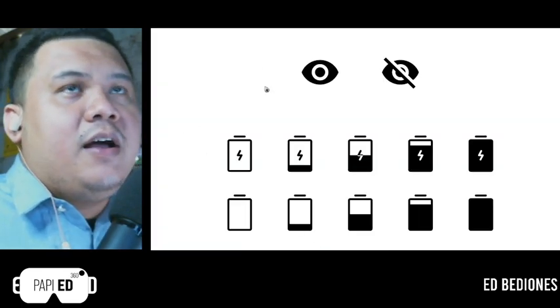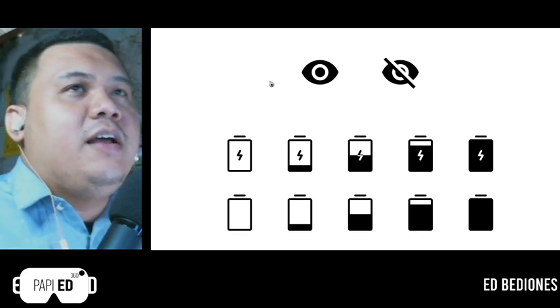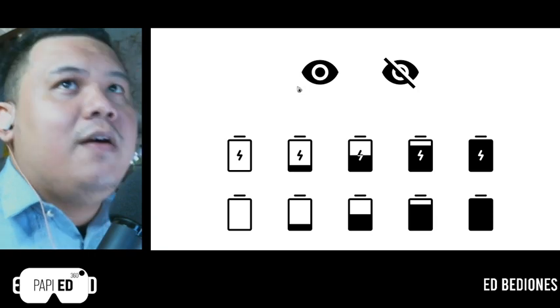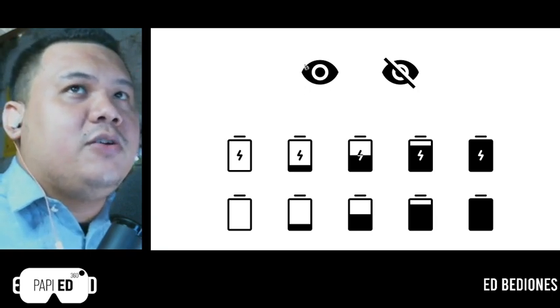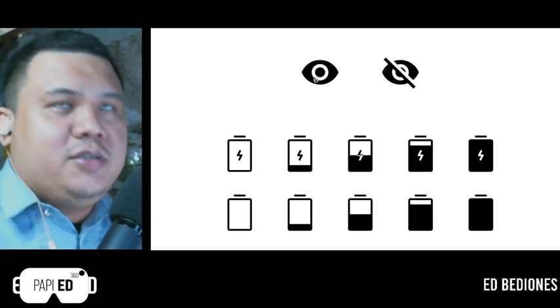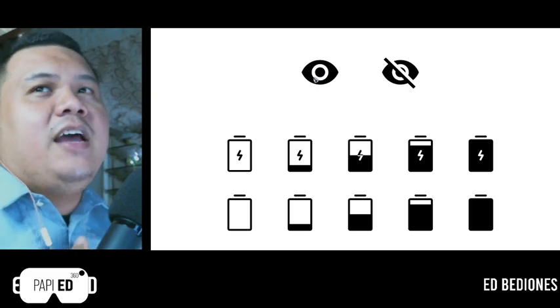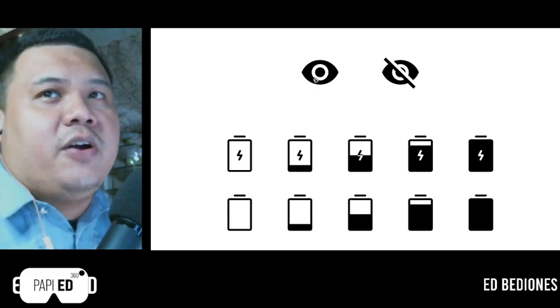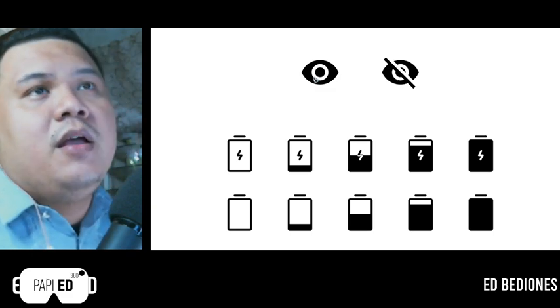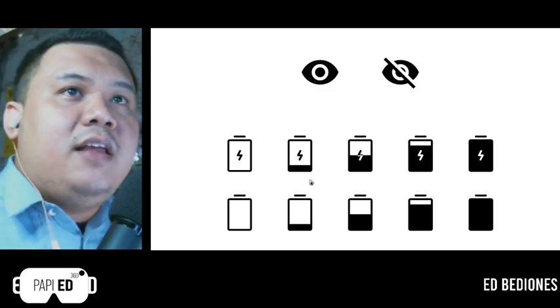No? Pagka itong eye na yan, means visible. Pagka naging ganito, yung parang mayroong cross na may vertical line dun sa eye, it is not visible, or the visibility is off. And status in the battery, di ba?